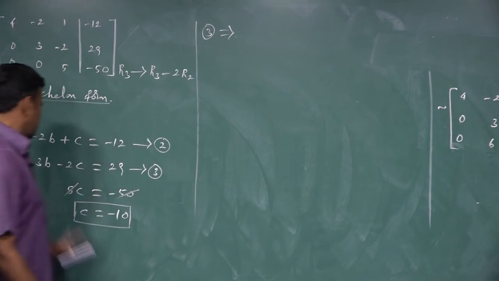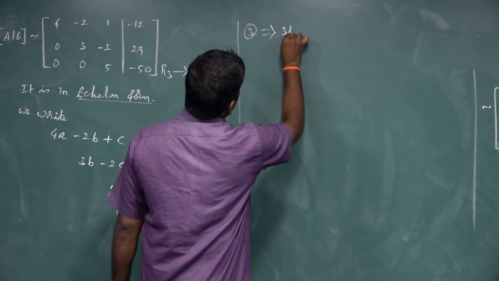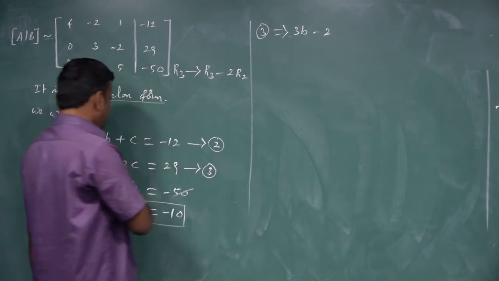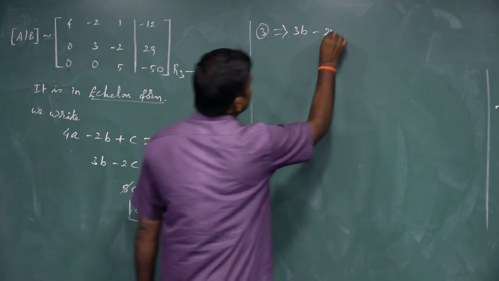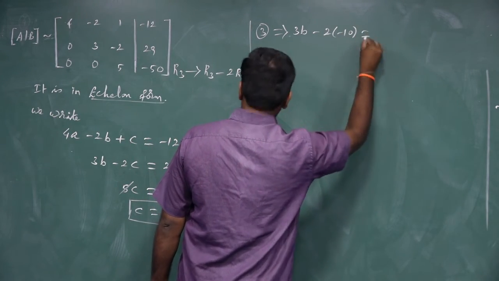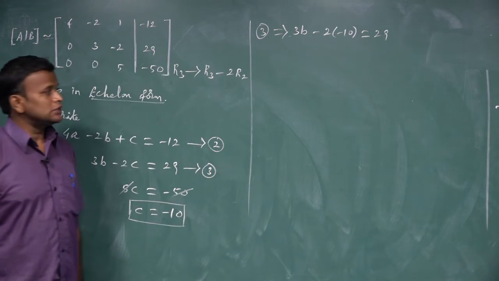Equation 3 gives: start from 3B minus 2 into C. The value of C is minus 10, is equal to RHS, which is 29.